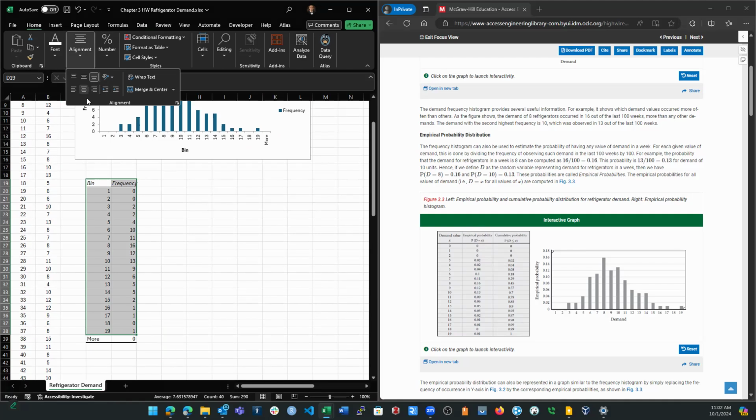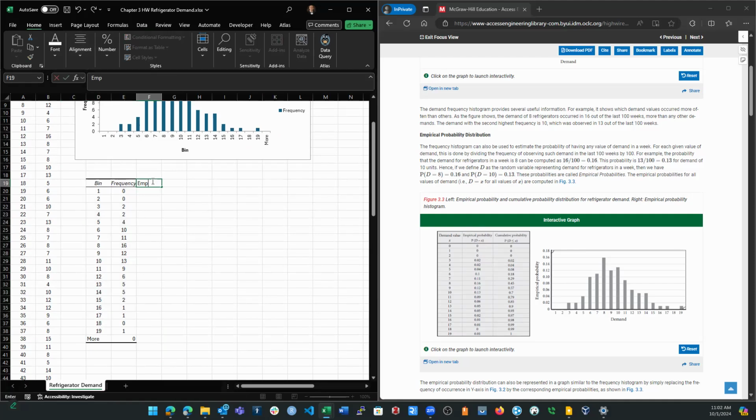So how do we go from frequency to probabilities? This is going to be our empirical probability. And the way we'll calculate this is we will say, what's the probability of this frequency in the overall frequency of 100 days?